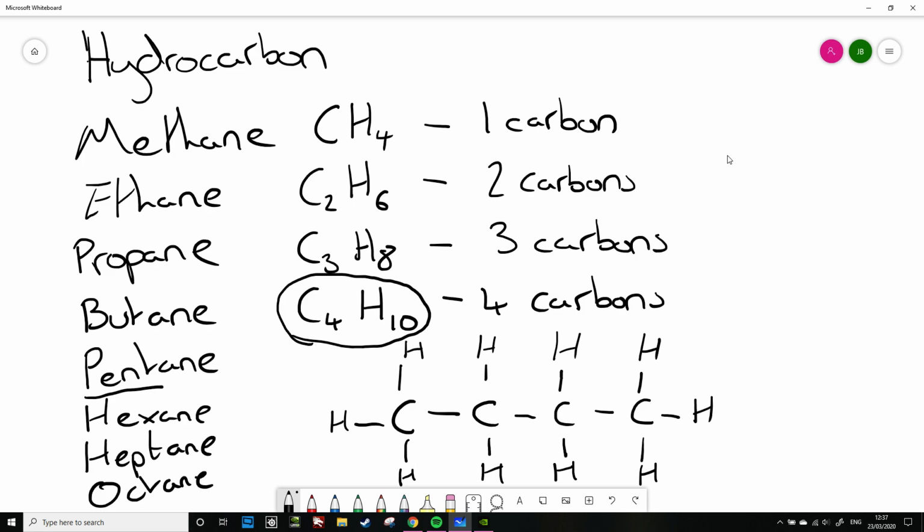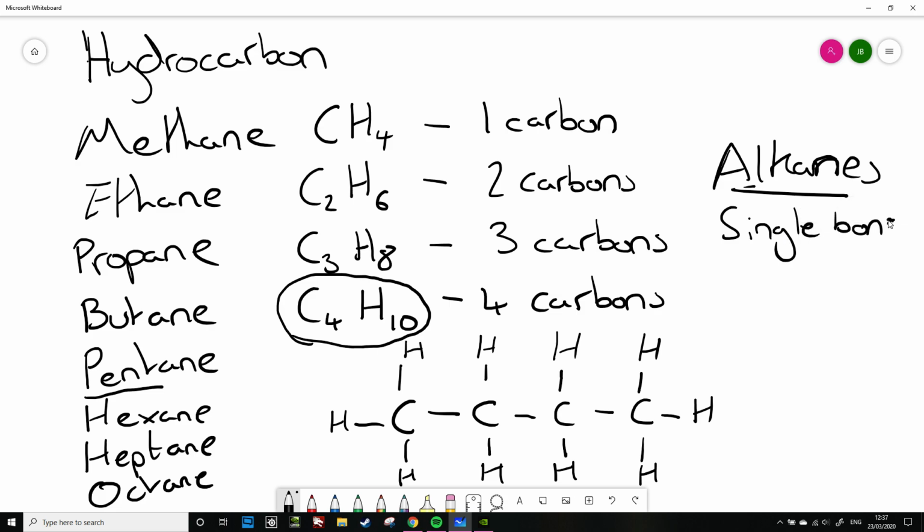Now these are what we call alkanes. Okay? They are just carbon and hydrogen with what we call single bonds in between. And I will touch upon double bonds later on in the last lesson, in lesson 4, but for now, you see they're all single bonds, just a single line representing a bond.